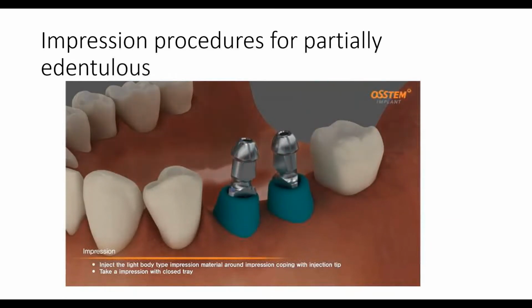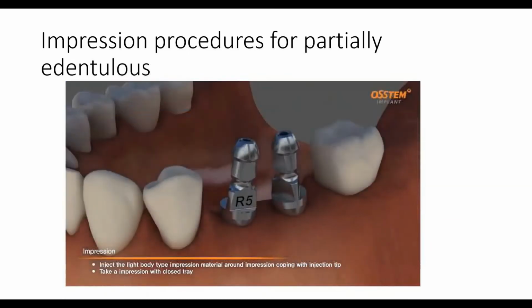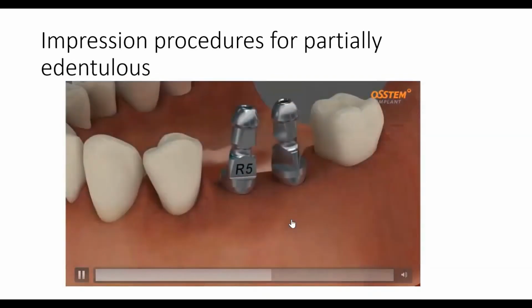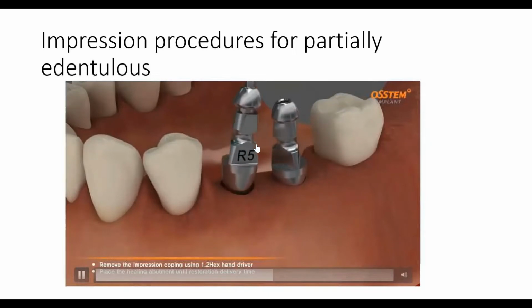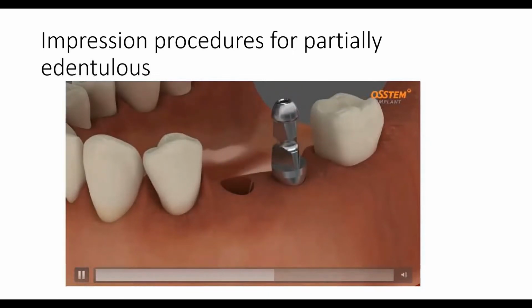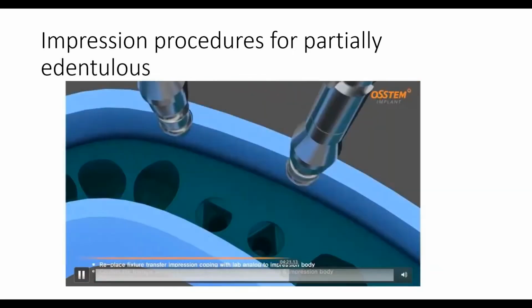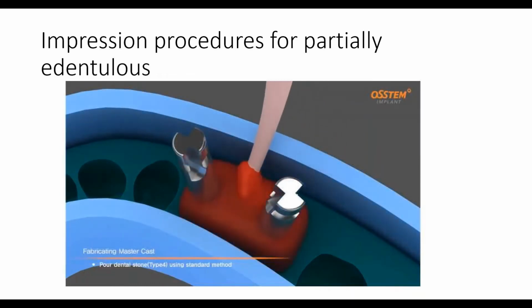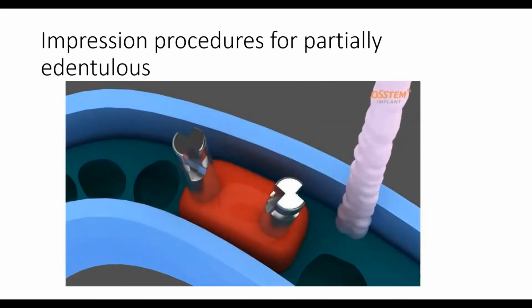So it is easy to place this transfer impression coping again inside the tray, and we can reorient it into the impression properly. After attaching to the lab analog, these are inserted into the impression and the impression is poured.